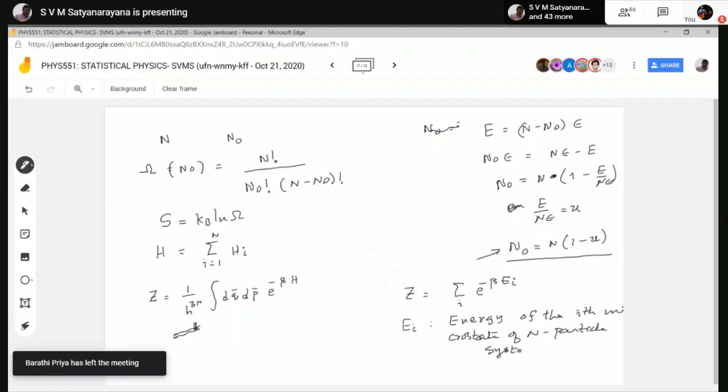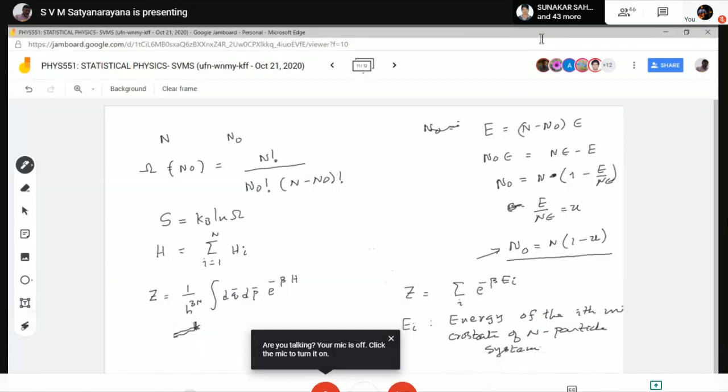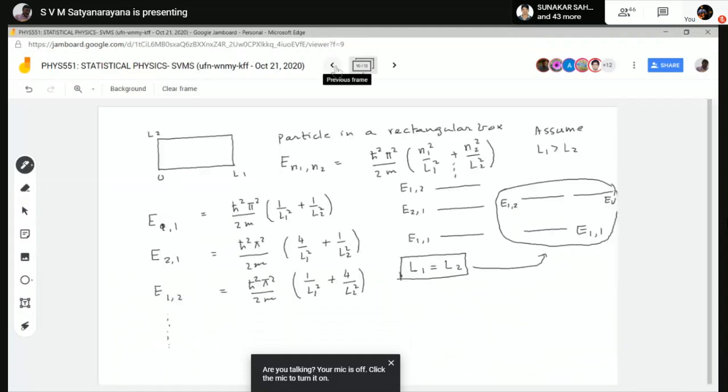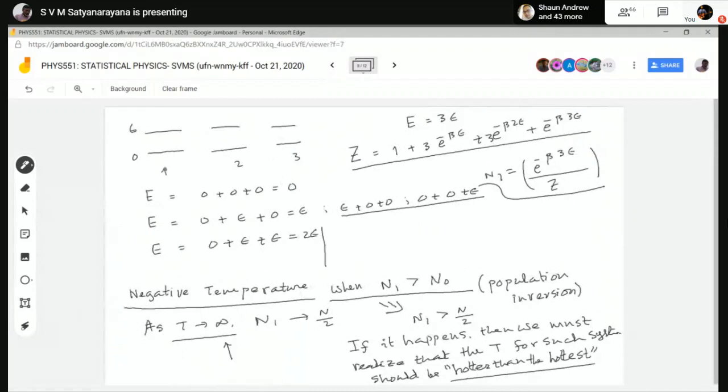So this microstate n particle system's energy you have to first find out, and that is what I tried to show here, taking this example of three particles. Suppose I have three particles, I have energies 0, epsilon, 2 epsilon, 3 epsilon, like that. I can have energy 3 epsilon, but there is also degeneracy, right?